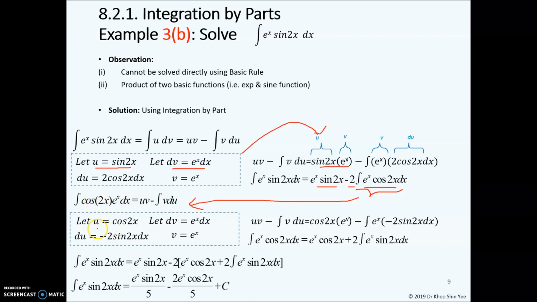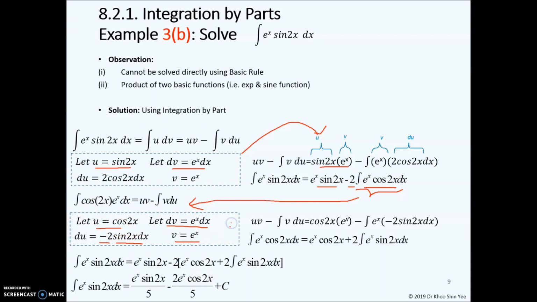In this case, we choose u equal to cos 2x, and let dv equal to e^x dx. So you integrate dv, you get v, which is e^x. You differentiate cos 2x, you get sine 2x. Don't forget the negative 2, which is because you have to differentiate the 2x inside. And you differentiate cos, you get the negative sign.